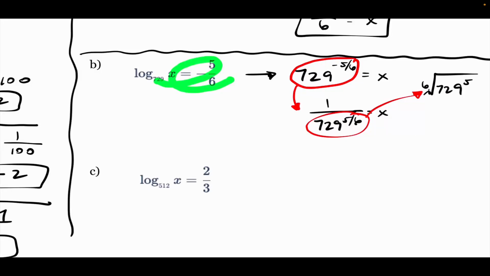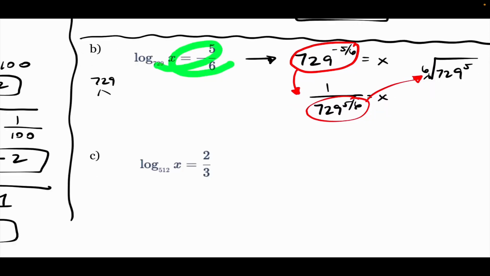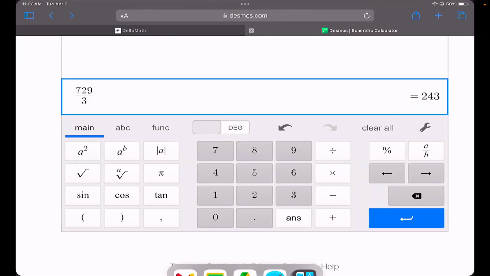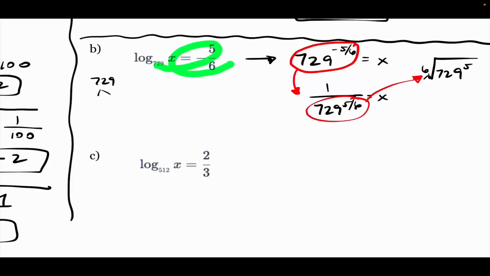Okay, so over here I'm going to go 729. I believe it's 3 times something. 243 times 3. And then this is 81 times 3. And then 9 times 9.